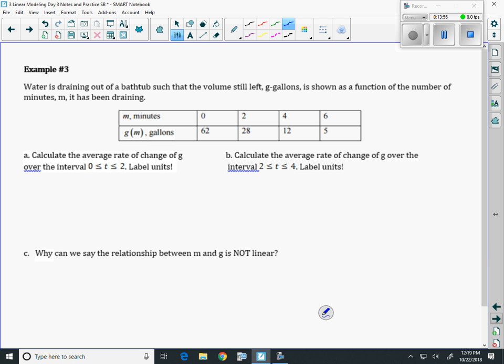So if we have 0 to 2, those are our x values. Now, what y value corresponds to my x value of 0? 62. And 2 corresponds to 28. Go ahead and find the slope.